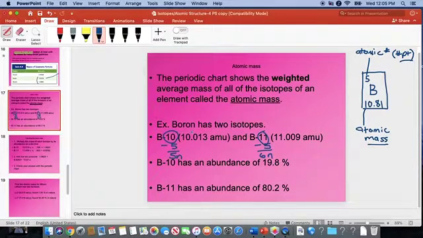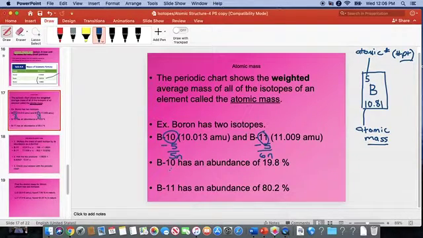If you were to have a piece of boron, which is a solid, and you had a chunk of it, you're going to have some isotopes that are boron 10. So some of the atoms would be boron 10 and some would be boron 11. But scientists have found that in nature, right, there's always a certain percentage of these 2 isotopes in a chunk of boron.